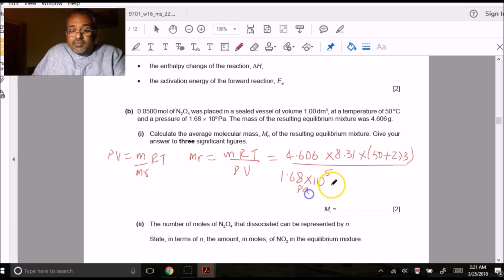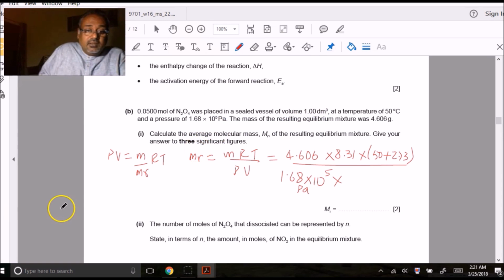Now, since the pressure is in Pascal, I'm going to keep the volume in meter cube. The volume here is in dm cube. Don't forget 1 meter cube is 1000 dm cube. So if I want to change dm cube to meter cube, I need to divide by 1000.